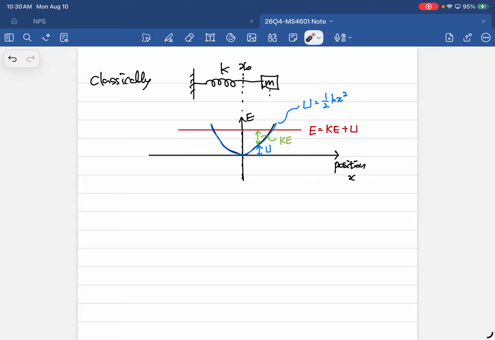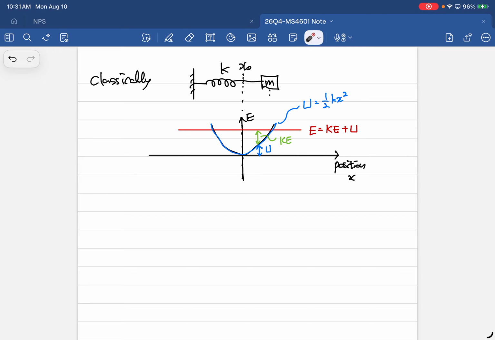Zero, meaning kinetic energy is zero and potential energy is maximum. As we move back and pass through the origin, kinetic energy is maximum, because that is where you expect the largest velocity, and the potential energy is zero.